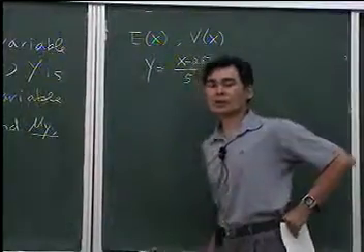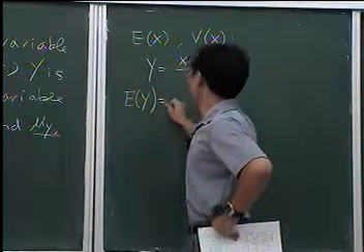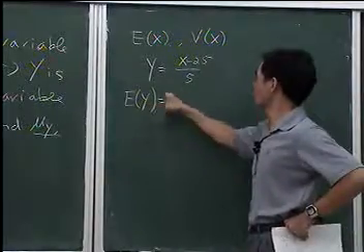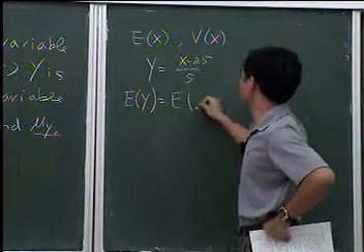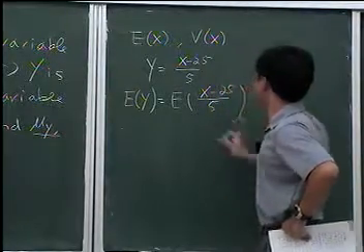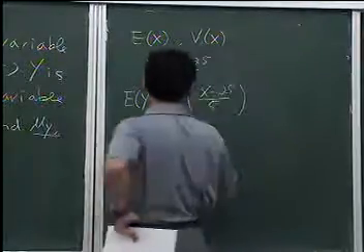So now we are required to find expectation of y. In this case, we just plug in the formula. So expectation of y is equal to expectation of (x minus 25) over 5. So there are two parts, right?